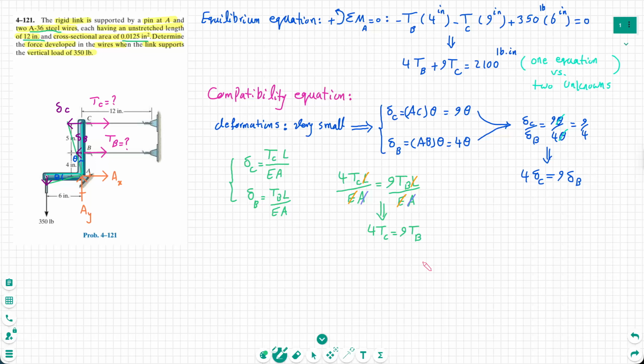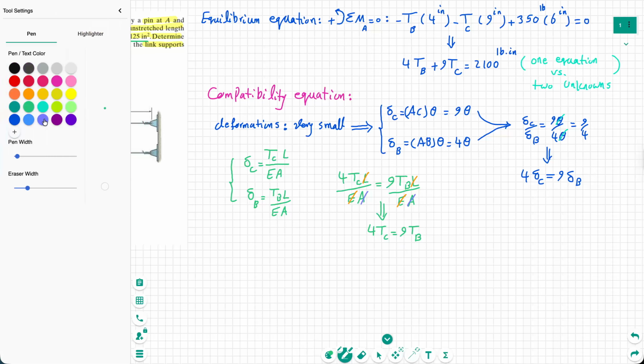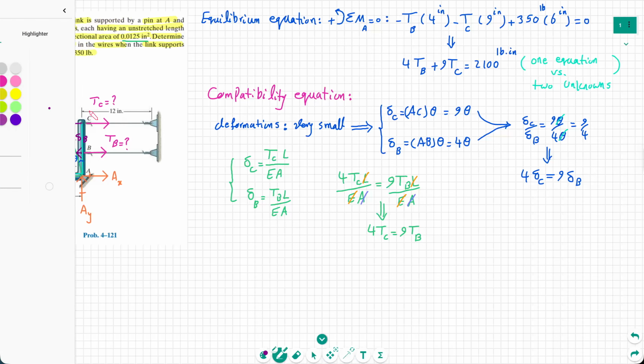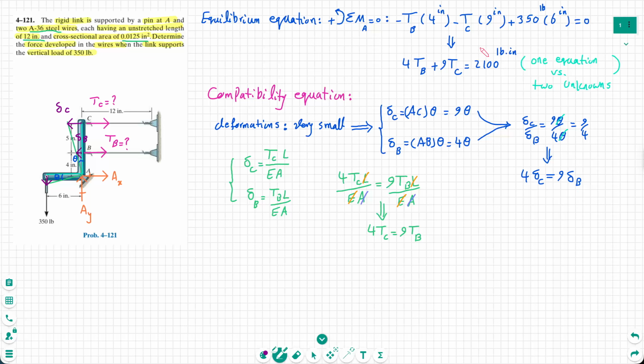Okay, now we found our second equation. We call the equilibrium equation, for example, equation 1, and we call this equation 2 that we get from compatibility.